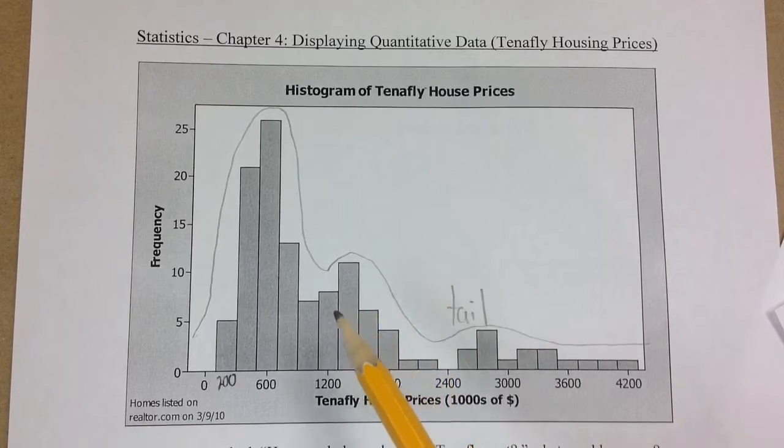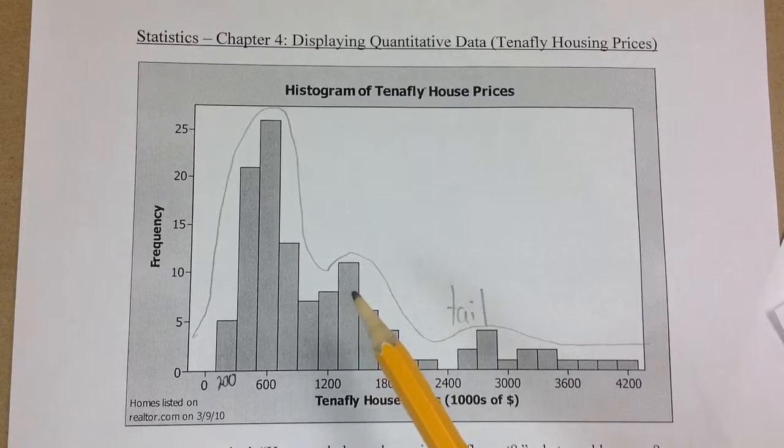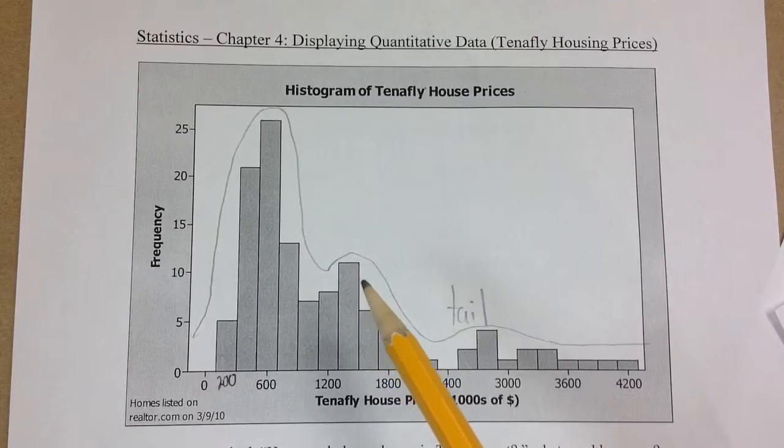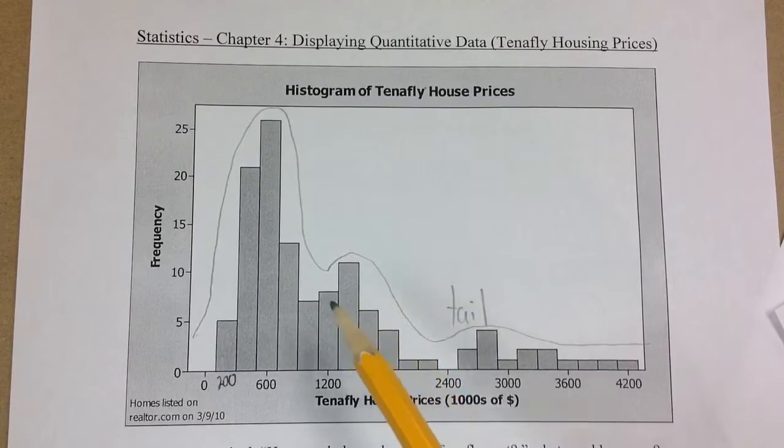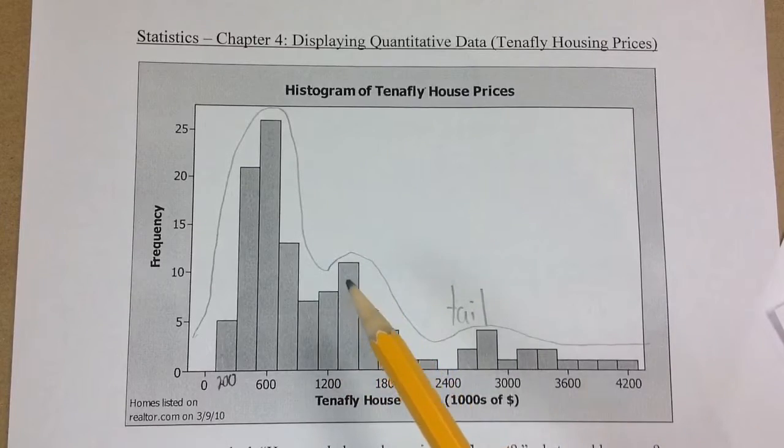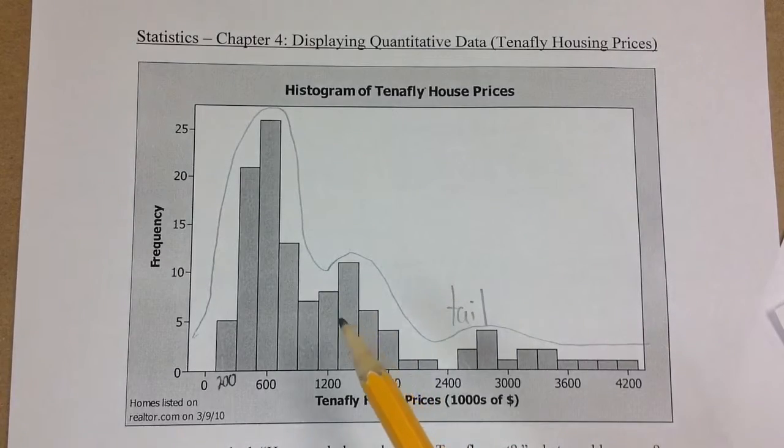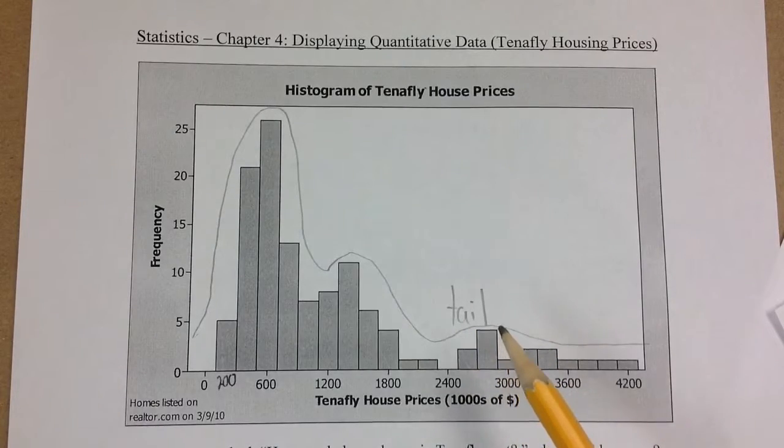I would need to do investigation. It could be chance, like sampling variability, that we're seeing this. But as a statistician, I'm definitely going to investigate this to see if there's a commonality here. Also, you could say that this is a tertiary mode over here. Tertiary referring to third. Okay?